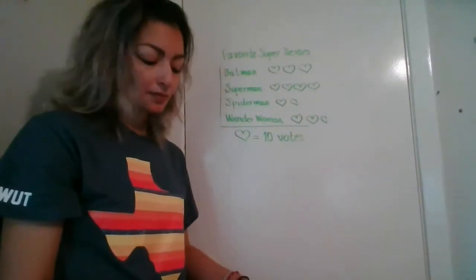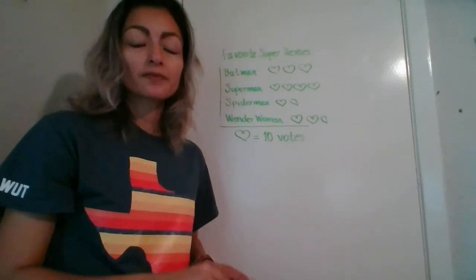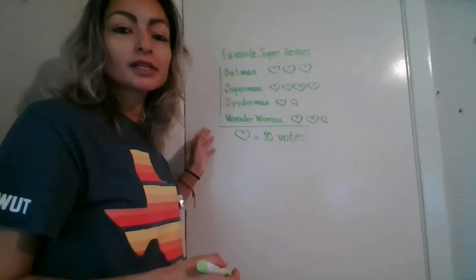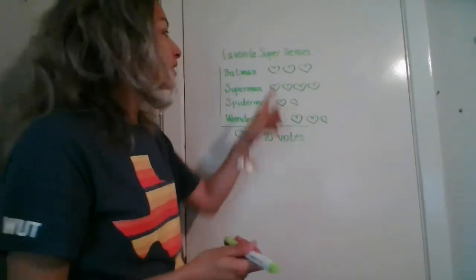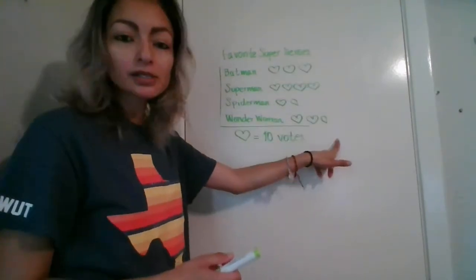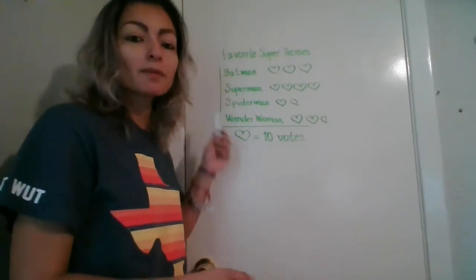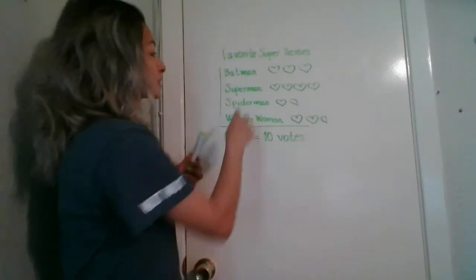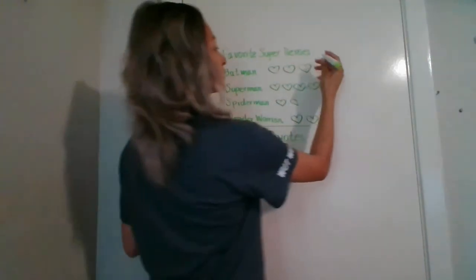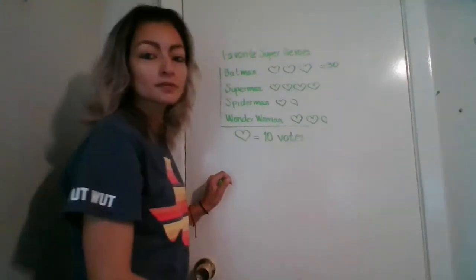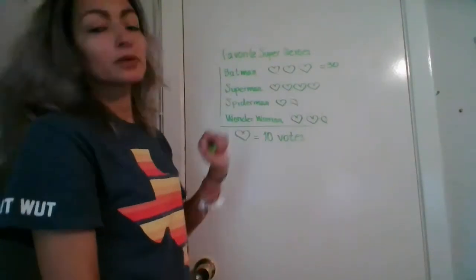Just like that. Now, something that I think is very important for me to be able to understand this pictograph is to write down the number right next to it. That way, it's easier for me to answer questions about my pictograph. Let's say Batman, we said equals 30. Superman equals 40.